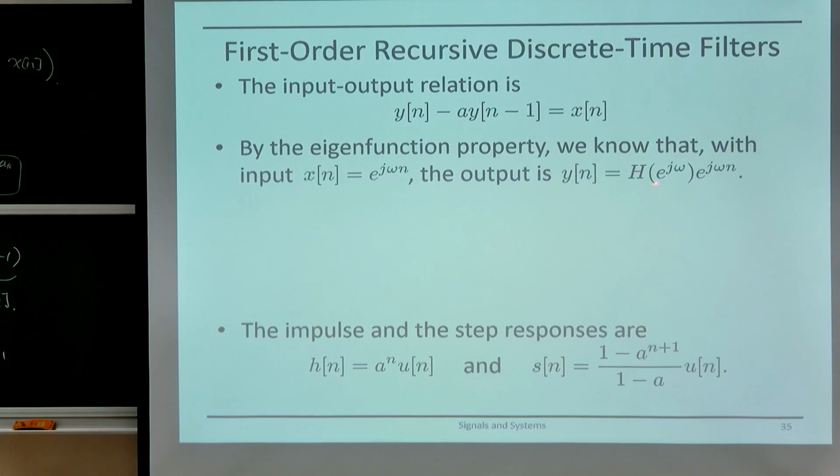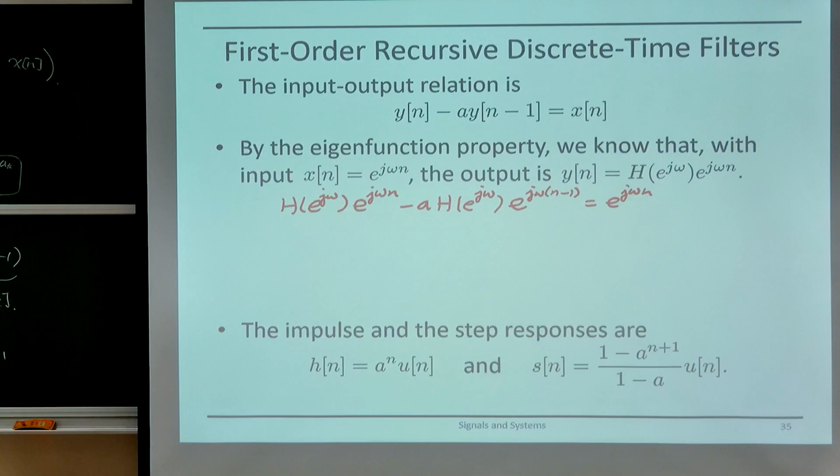Okay. So then if I plug this back inside, I should be able to obtain an expression for the frequency response. So if I plug this inside, I get H(e^{jω}) e^{jωn} minus a H(e^{jω}) times e^{jω(n-1)} equal to e^{jωn}.